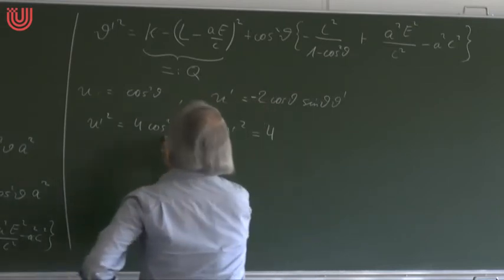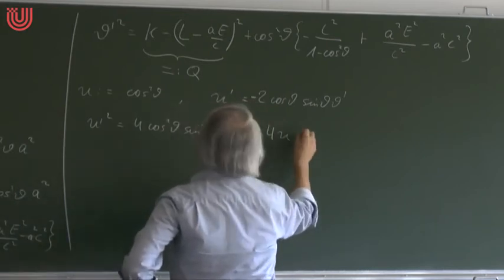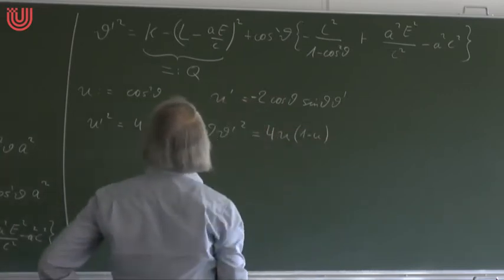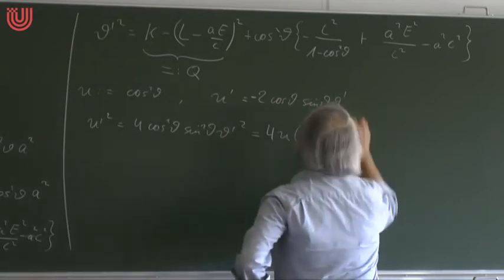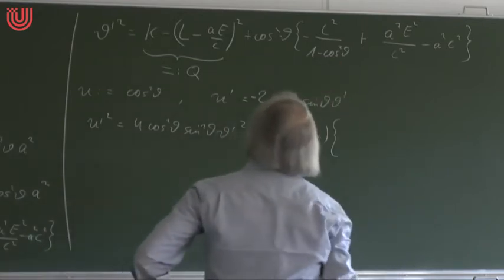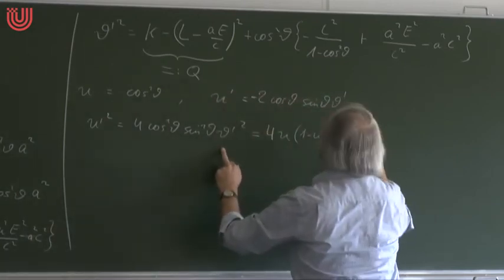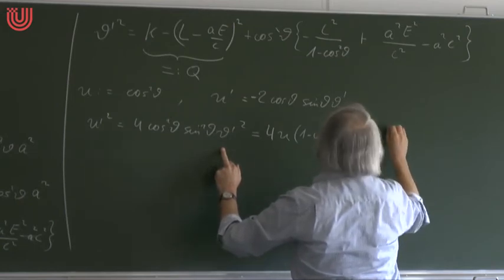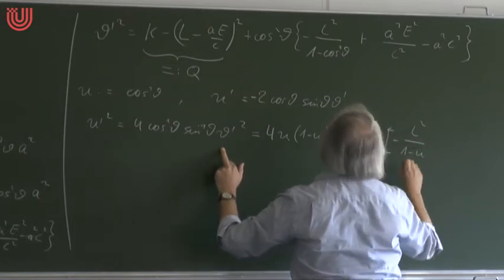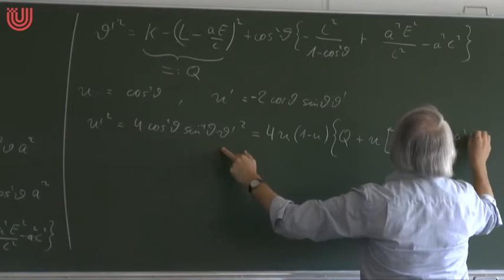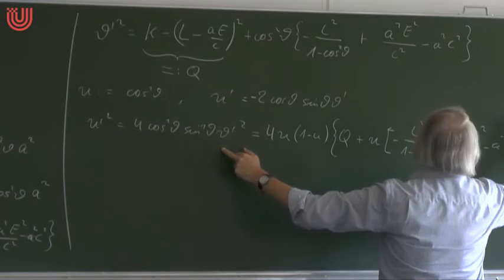So this gives 4 cosine is u, sine squared is 1 minus u. Let me see if this is true. I have the thing in the denominator, I forgot this. So then I have the theta prime squared. I just introduce this: Q plus cosine squared is u, and then another bracket minus L squared, this is 1 minus u, plus a squared, E squared, c squared, minus a squared, c squared.